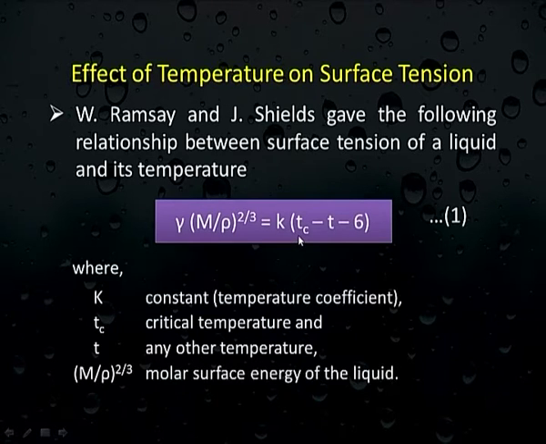Tc is the critical temperature for any liquid, and T is the temperature at which we are performing the experiment, minus 6. So, here it is very clear from this relation that this surface tension gamma is related with minus T, meaning as we are increasing temperature, surface tension will be decreased.